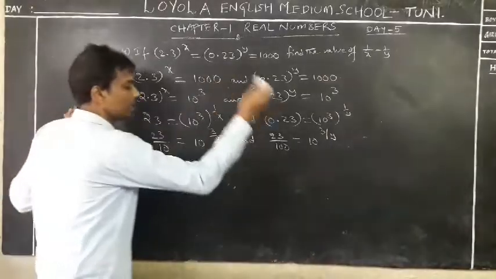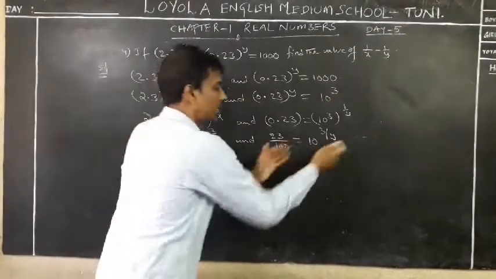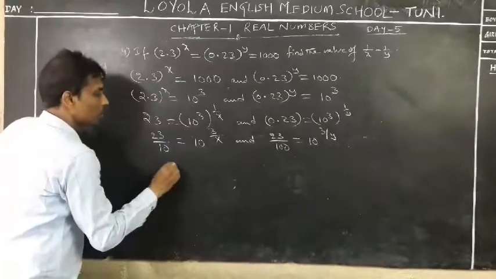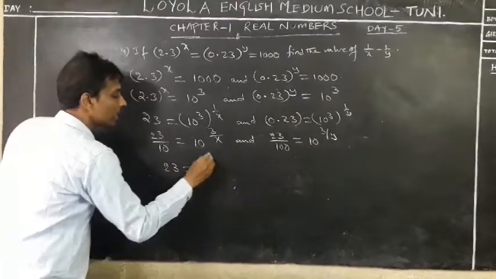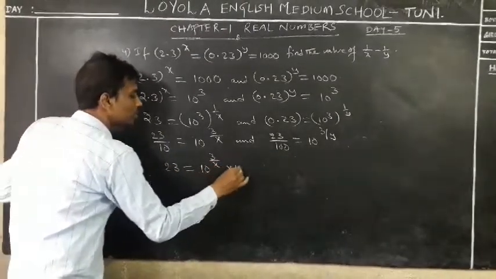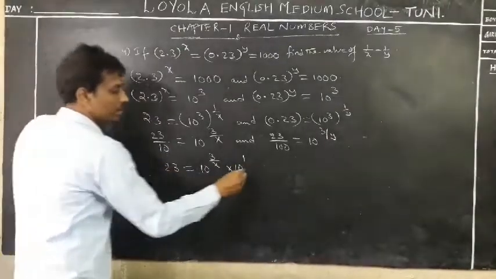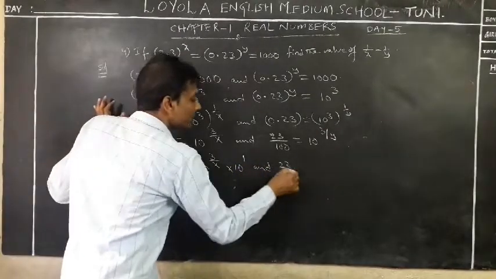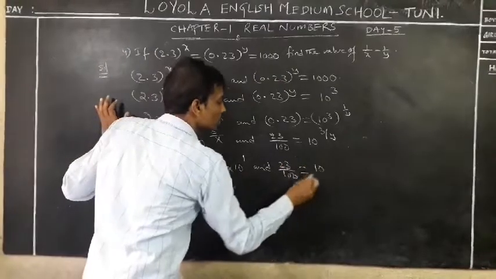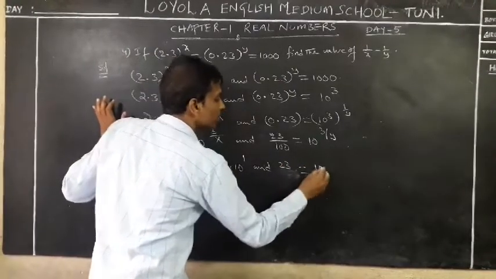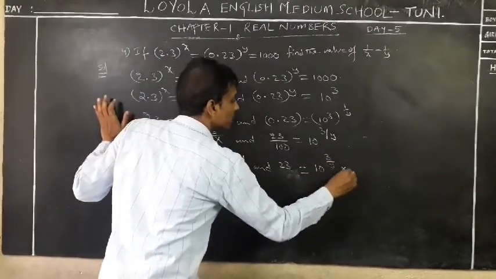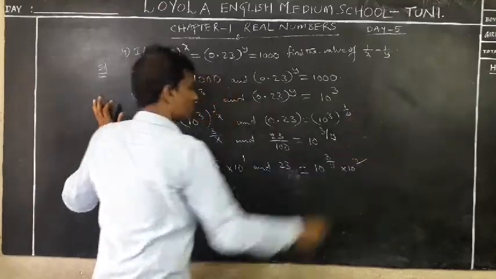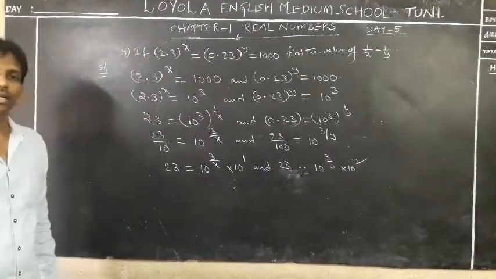Can we send 10 to the RHS and 100 to the RHS? 23 is equal to 10 power 3 by x into 10 power 1, and 23 is equal to 10 power 3 by y into 10 square. 100 is nothing but 10 square.